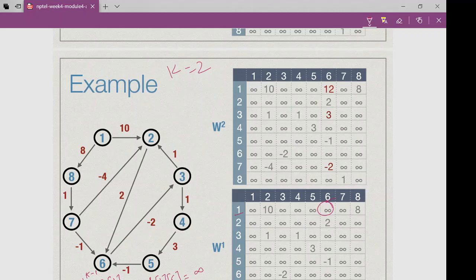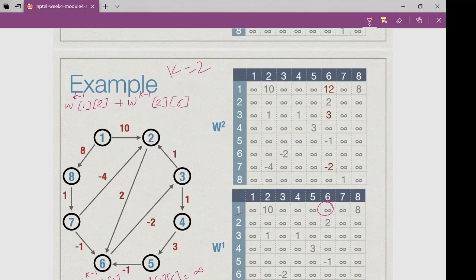Now if we go via 2, what is the value of that? The formula says W of k minus 1 of i j, where i is 1 and k is 2, plus W of k minus 1 from 2 to j, which is 6 in our case.